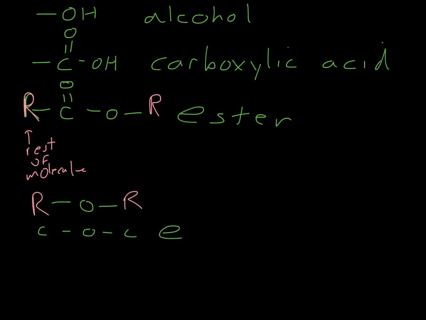We have that, and that is referred to as an ether, as opposed to an ester. That's an ether. Then, when we have a rest of molecule, carbon double bonded to an oxygen, bonded to the rest of molecule, that is referred to as a ketone.